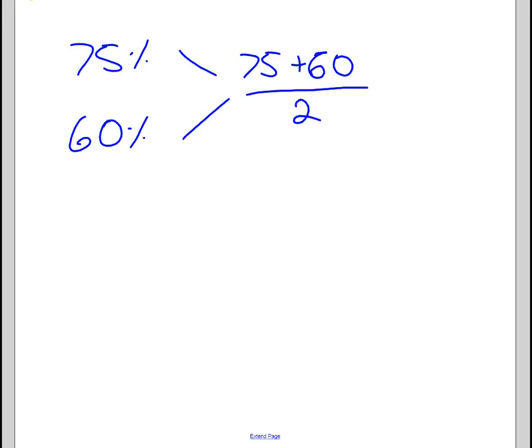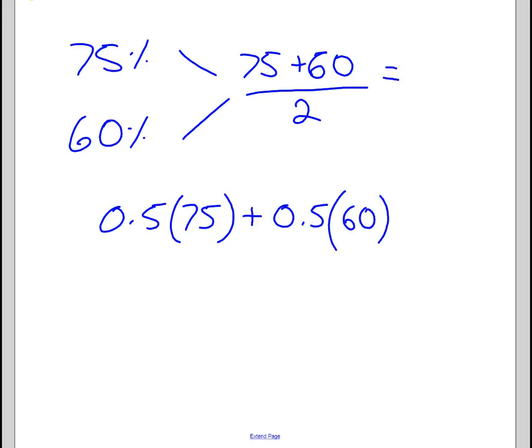Another way of doing that would be to say that half of your mark, or 50% of your mark, is coming from the score of 75, and 50% is coming from the score of 60. And 75 plus 60 divided by 2 would give us 67.5 as an average percent on your term so far.